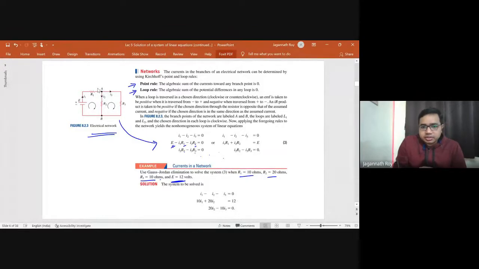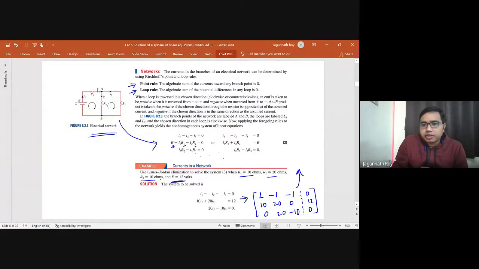So if you have this as a system, you can write it with rows 1, -1, -1, then 10, 20, 0, then 0, 20, -10. And you can form that augmented matrix with 0, 12, and 0.